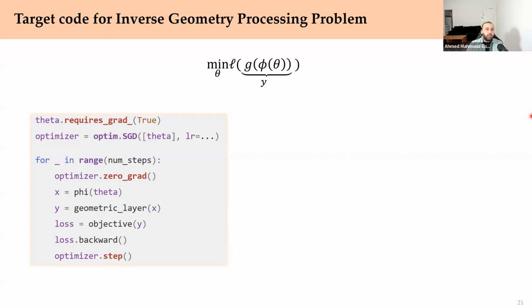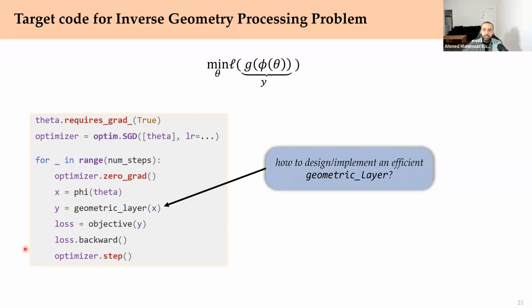The first line inside the loop will take theta, the optimization variable, and map it to some geometric data x. Then x becomes the input to our geometric layer, this geometry solver, and then we compute a loss, then backward, and everything follows from there.